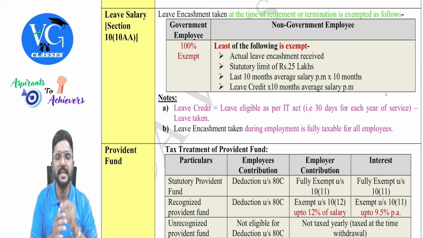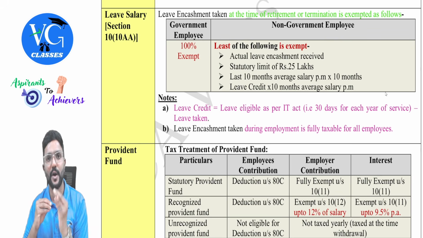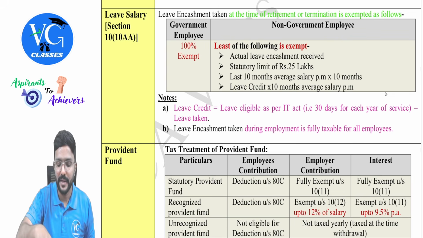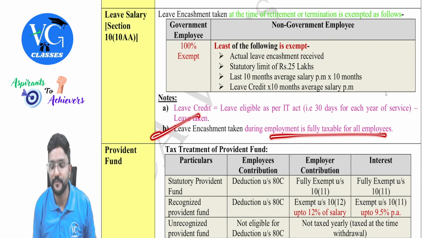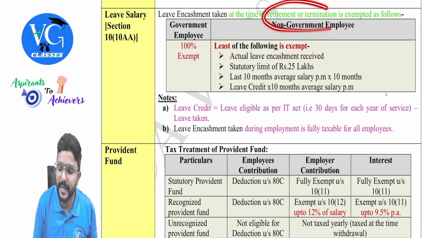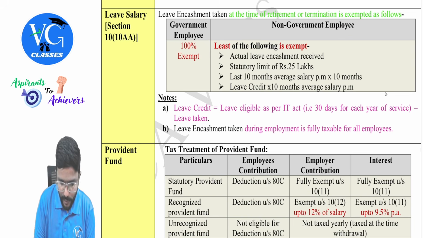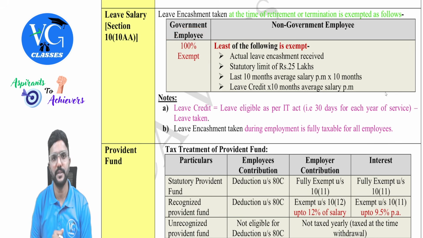So, if any leave encashment is received by the employee during the employment, it is always fully taxable, guys. Fully taxable, no matter which employee it is, whether government or non-government. But if it is received at the time of retirement or termination, exemption is available under section 10(10AA). How much is that? If he is a government employee, 100% exempt.